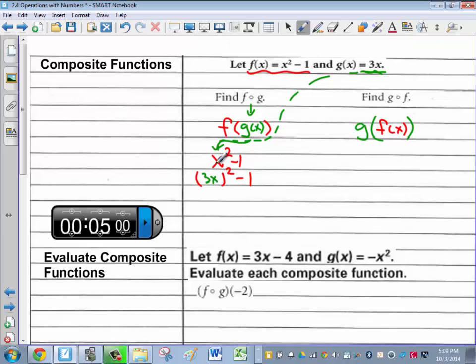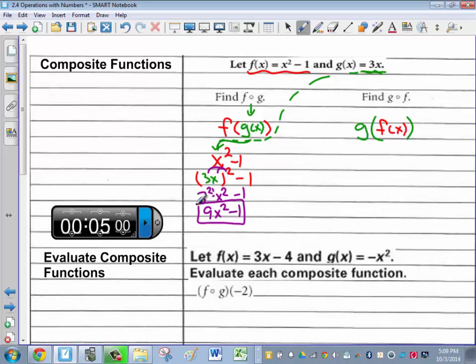So I got 3x instead of just x, so I got 3x squared minus 1. Okay, and now we're going to go about simplifying it. So 3x squared is really 3 squared times x squared, minus 1. 3 squared is just 9, so I got 9x squared minus 1. And that's this one simplified.